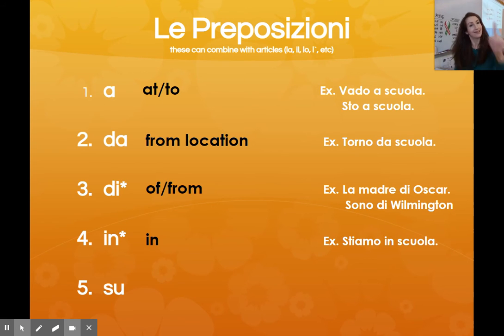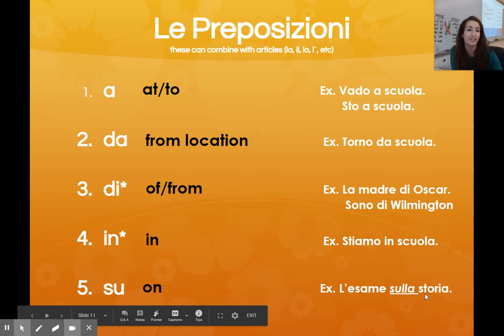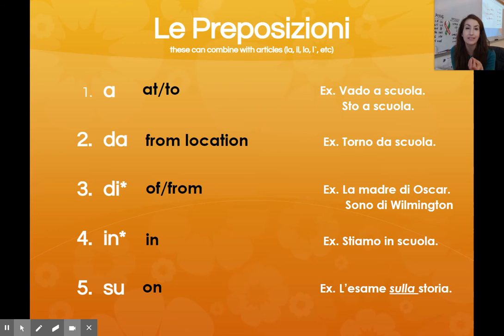Su, on, or up. For example, l'esame sulla storia, the exam on history, on the history. So here you'll notice numero 5, sulla storia. That's a great example of what I mean when I say these preposizioni combine with the articles. Su la combined to sulla.